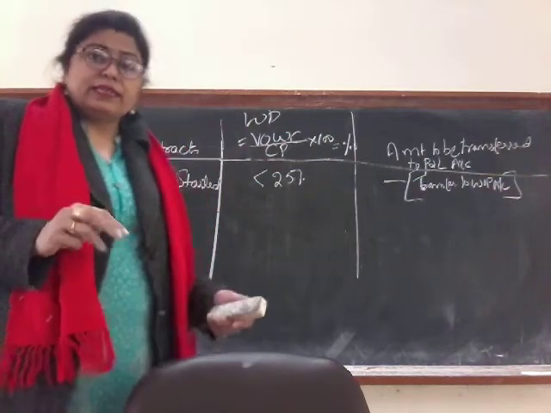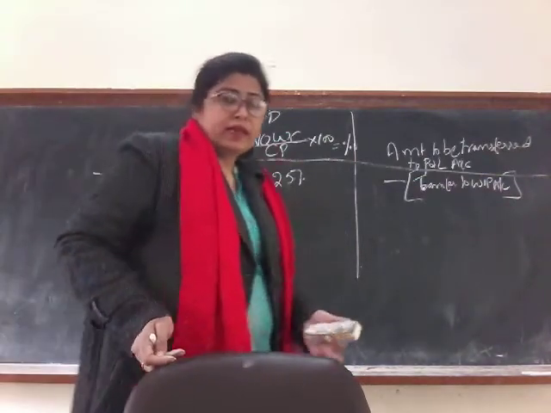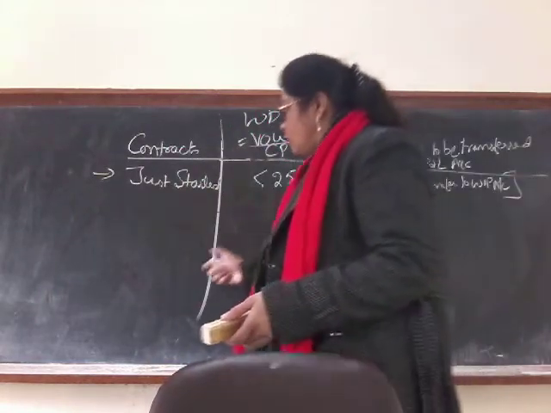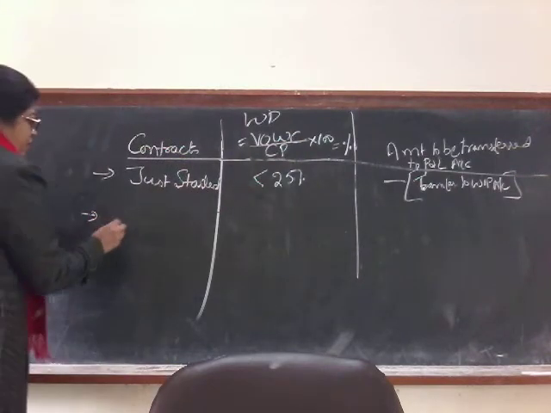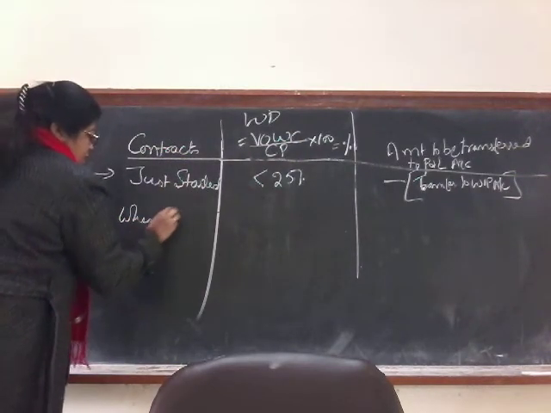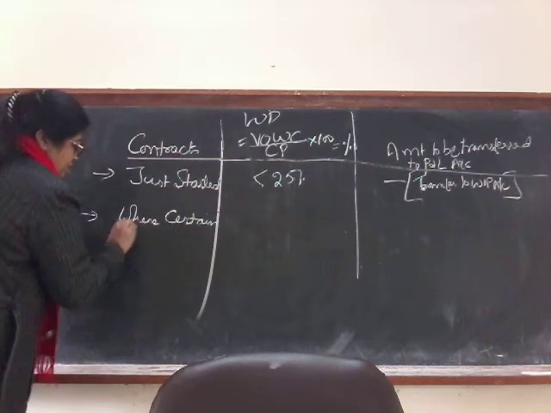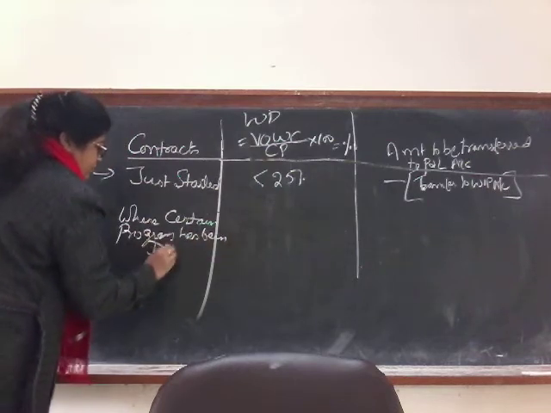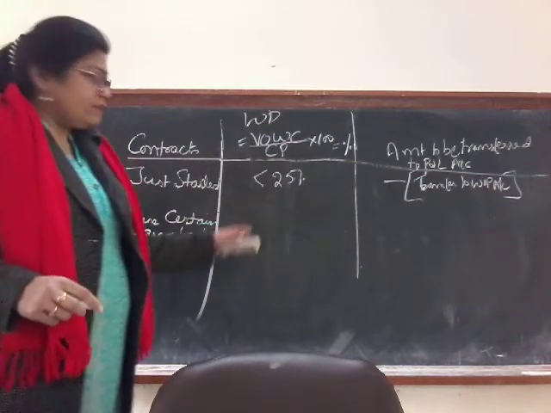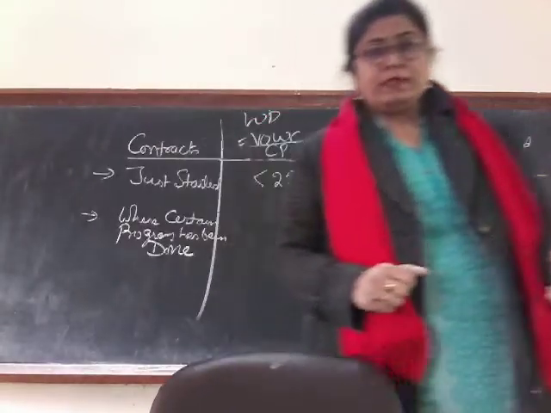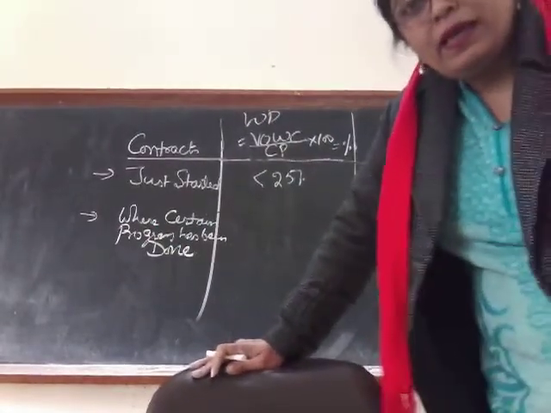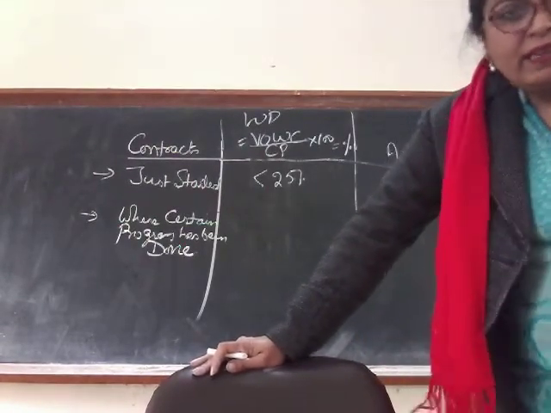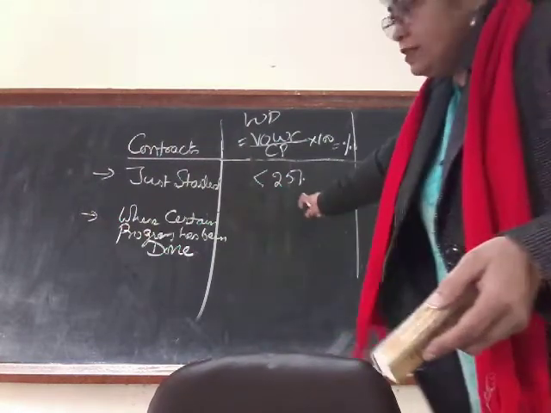Now for the contracts in which certain progress has been made. Now when I say certain progress has been made, what to do over here? How much percentage of work done is to be taken? Where certain progress has been done, in this case, if earlier I was taking less than 25%, over here I will be taking more than or equal to 25%, and then we will be taking it up as, just see over here.